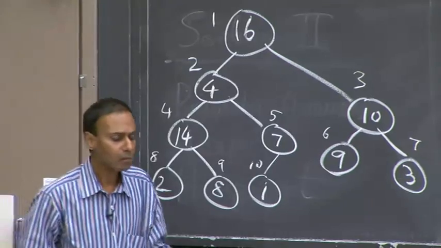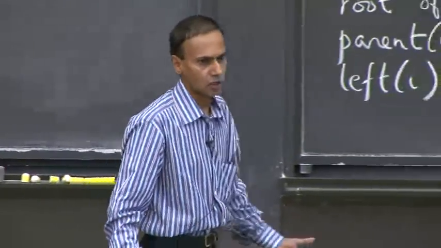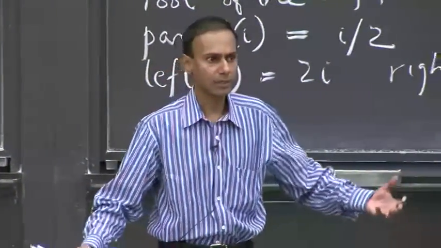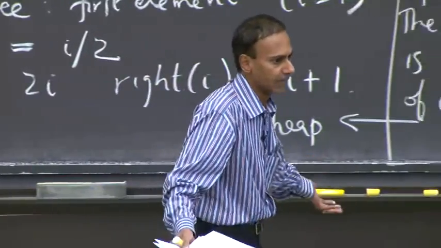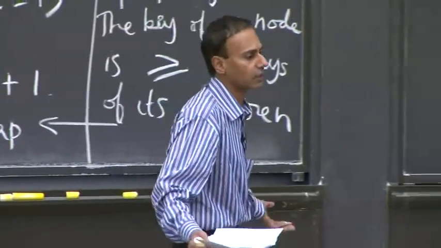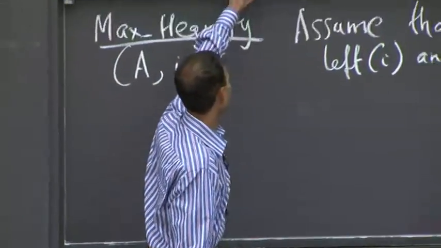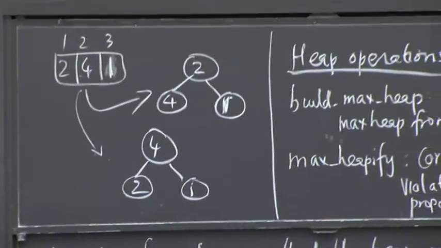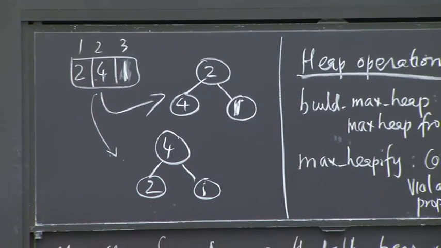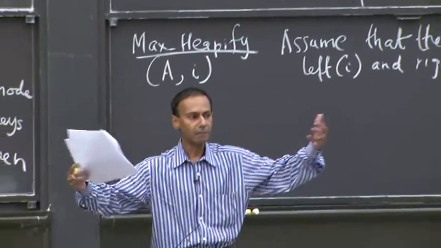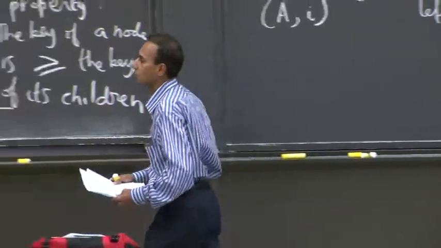Most of the time, by the way, you'll be working bottom up, and that's why this is going to make sense. This will all work out because leaves are, by definition, max heaps, because you don't have to check anything. When you put two leaves together to create a heap like that, then you run max heapify. And when you have a couple of different max heaps and you want to put them together to make a bigger max heap, you run max heapify. So that's the way it's going to work.